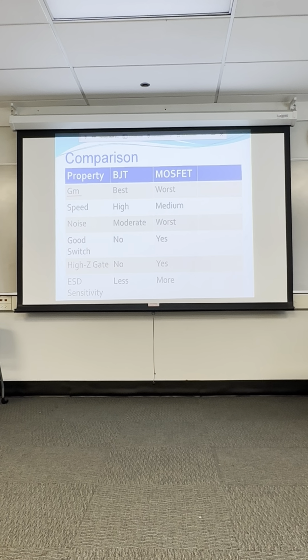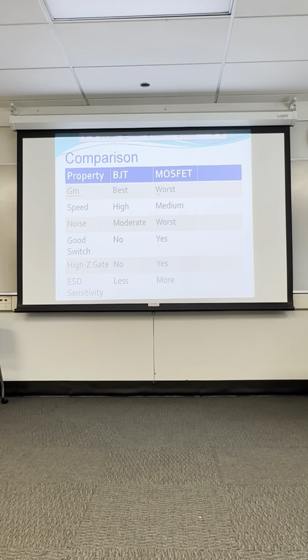It's the transconductance of the device. So if we want to increase the gain in a BJT, we can increase the gm. MOSFETs are worse than BJTs with this, which means MOSFETs need more current to increase the gm.